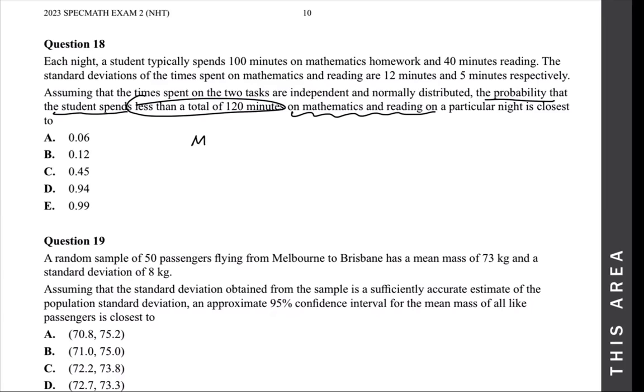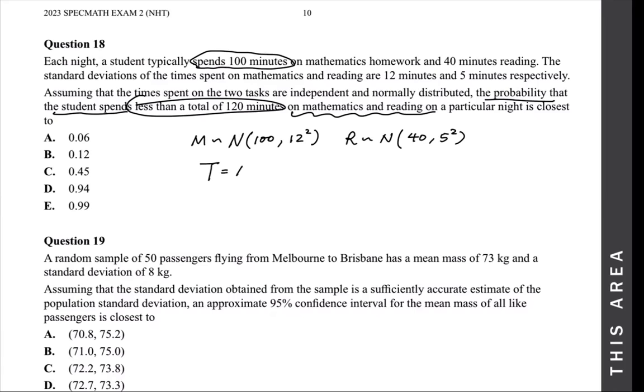Okay, let's call the time we spend on mathematics M. M is normally distributed. The question didn't provide a particular phrase like a mean value, so we have to assume 100, 12 squared. And the reading is R, normal distribution, 40, 5 squared.